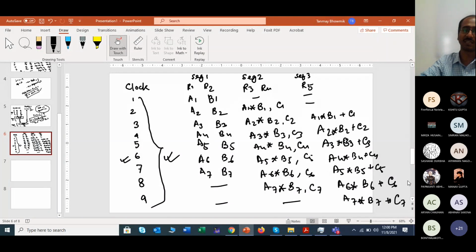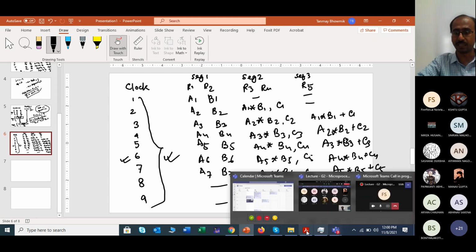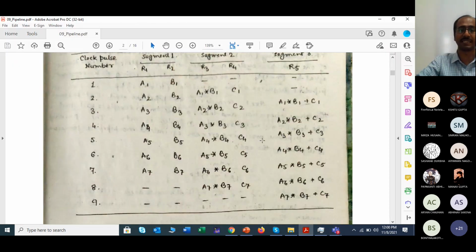You can just check how all the tasks are being completed, how all the 9 pulses are being used. If this writing is quite problematic in this presentation, you can also have a look at this writing. This was the handwritten study material, which I will share with you.